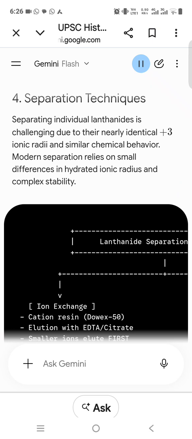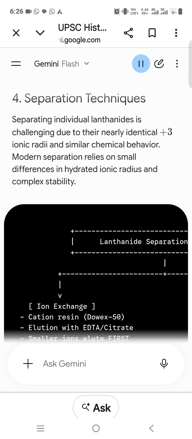Major consequences: identical radii of 4d and 5d elements. Pairs like Zr and Hf, Nb and Ta, and Mo and W have nearly identical ionic radii, making their chemical separation difficult.